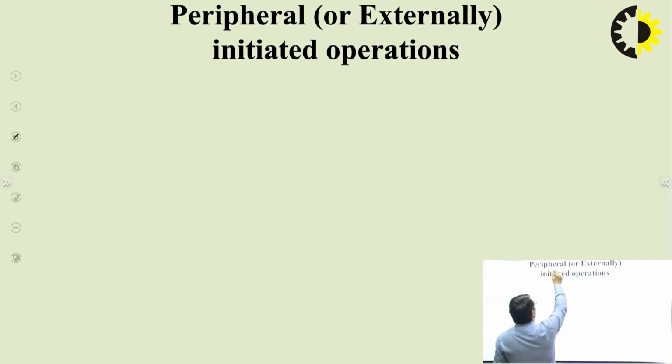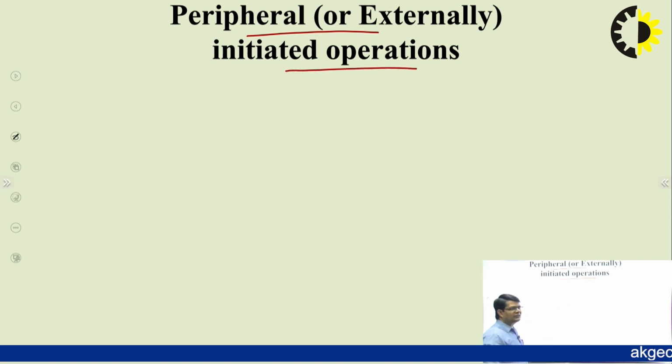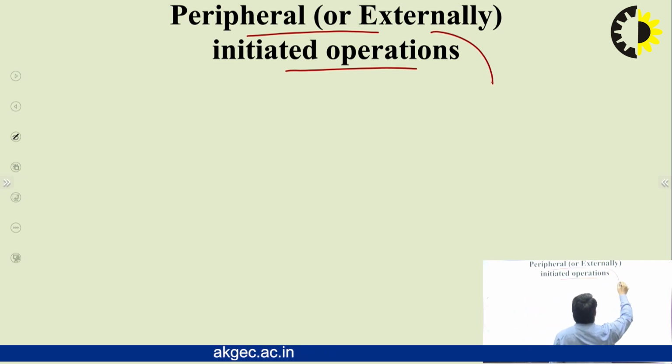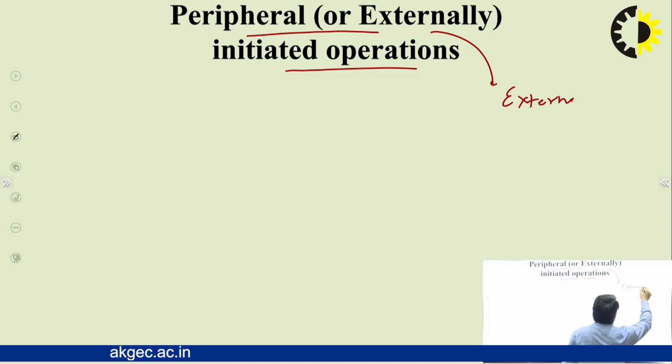Next, third category is peripheral or externally initiated operations. These are operations which are not initiated by the microprocessor, but are initiated by the attached peripheral devices. So these are externally initiated, and may be initiated by the user.